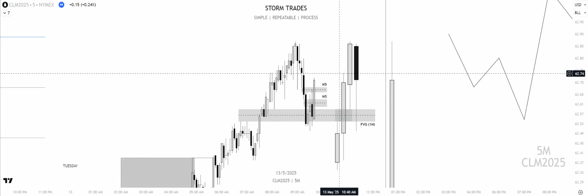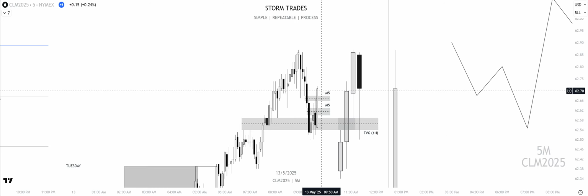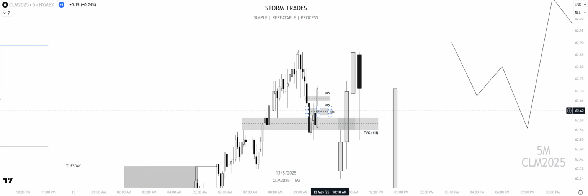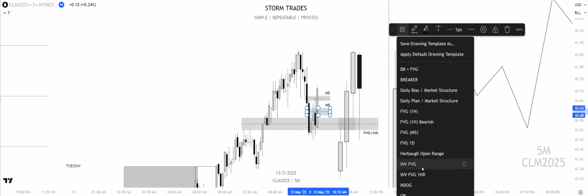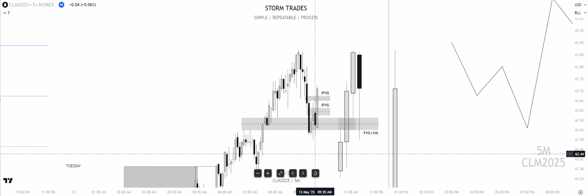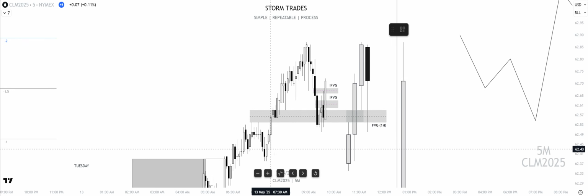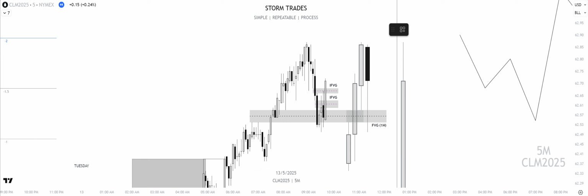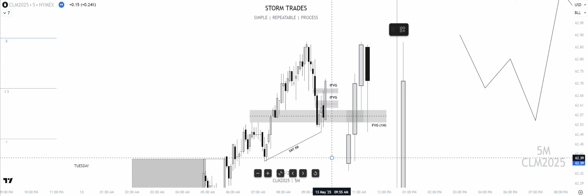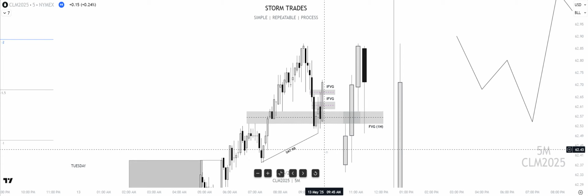So far, we've been respecting, and boom, at that point, we've displaced through both of these M5 fair value gaps, making them inversion fair value gaps. And at the same time, we had SMT with RB.